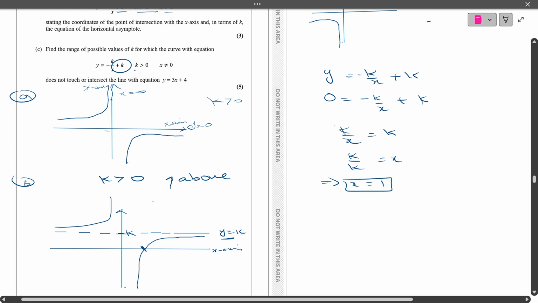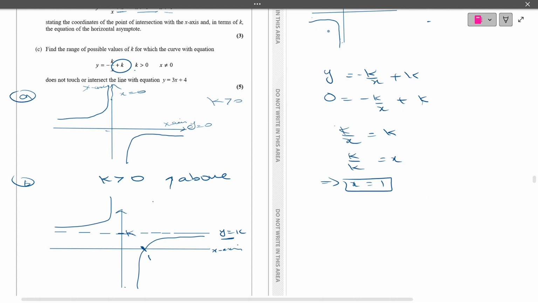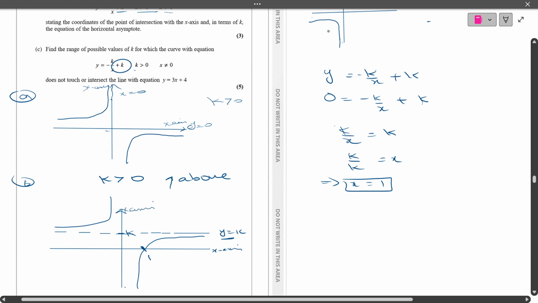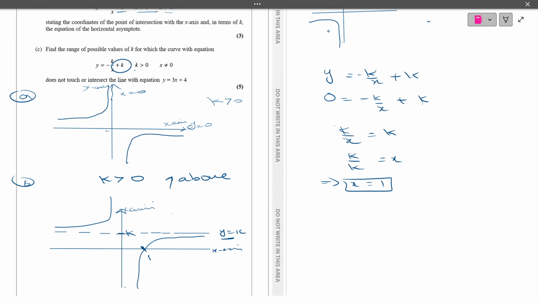It means the curve intersects the x-axis at the point 1. This is the y-axis, I'm just labeling it. That's it for the B part. Now let's move on to the C part.